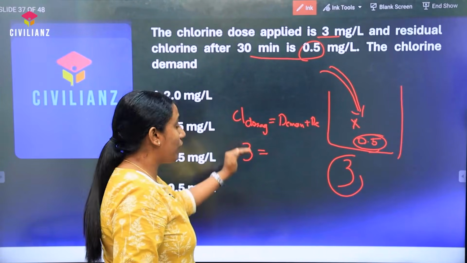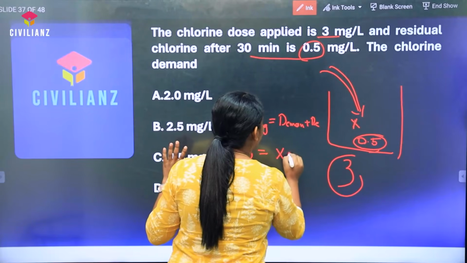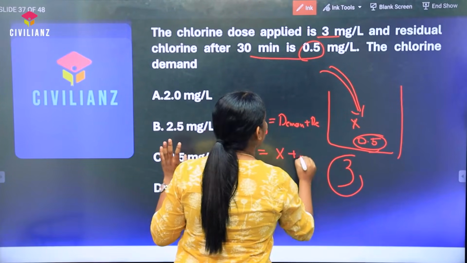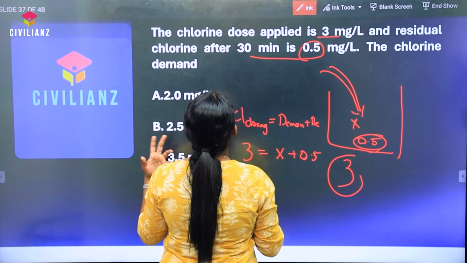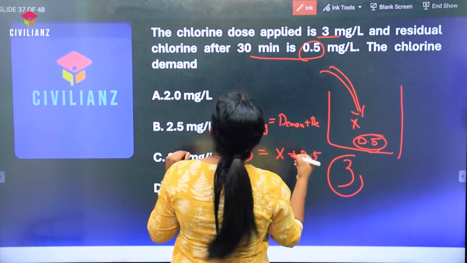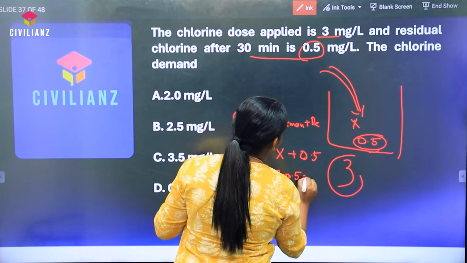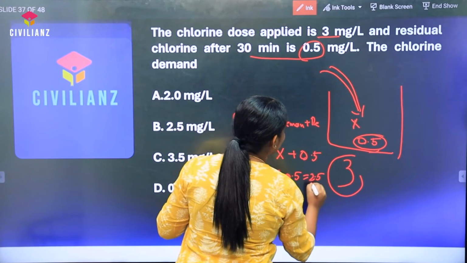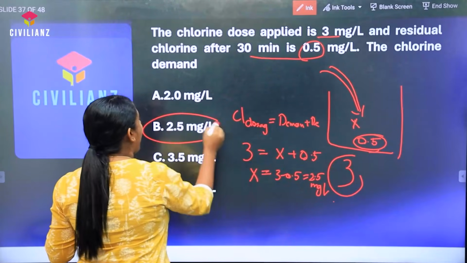The total dosage given in the question is 3, demand is X, and residual chlorine is 0.5. So chlorine demand is 3 minus 0.5, which is 2.5 milligram per liter. Option B is the answer.